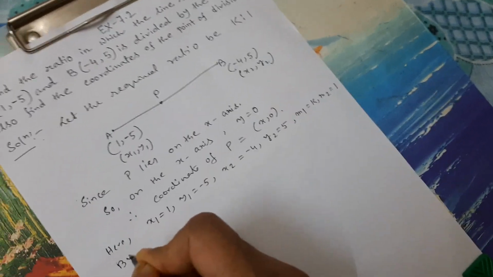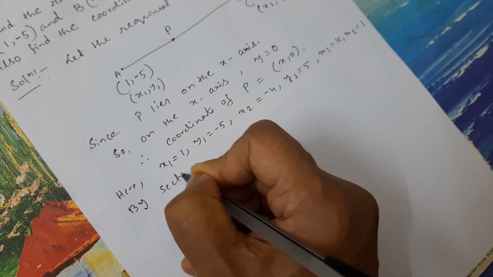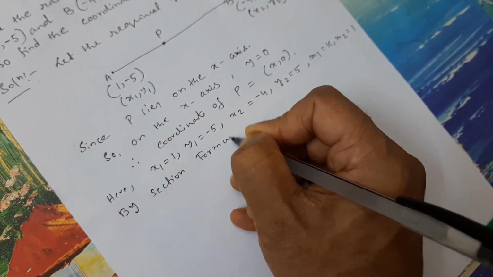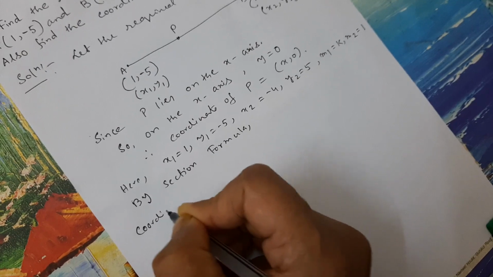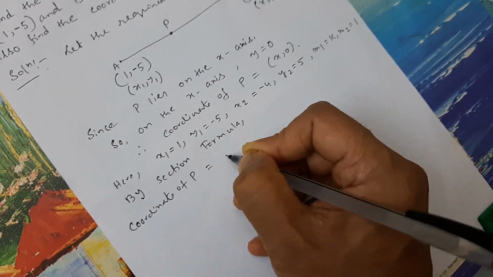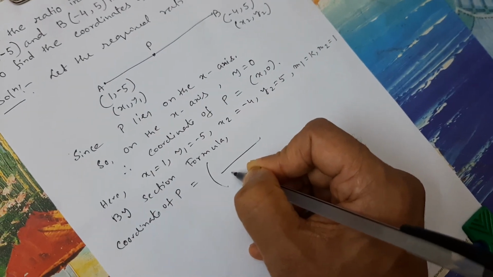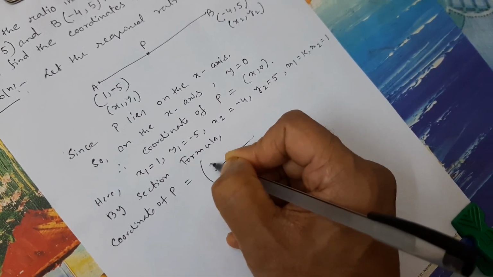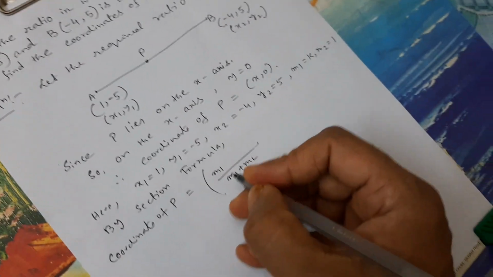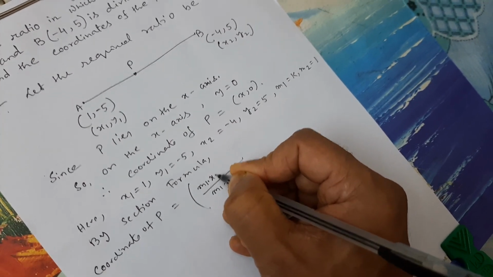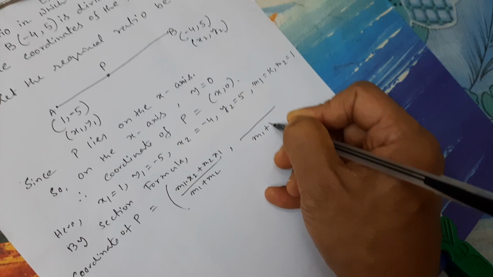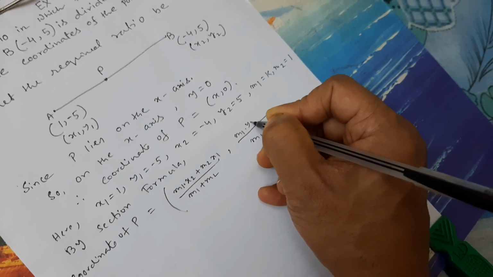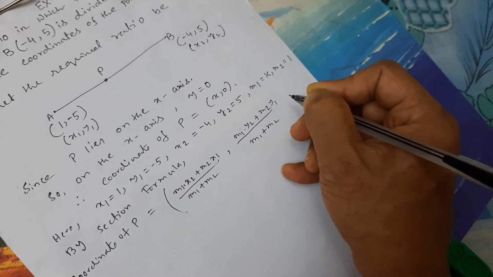Now section formula, coordinate of P equal to (m1 x2 plus m2 x1) by (m1 plus m2), (m1 y2 plus m2 y1) by (m1 plus m2).